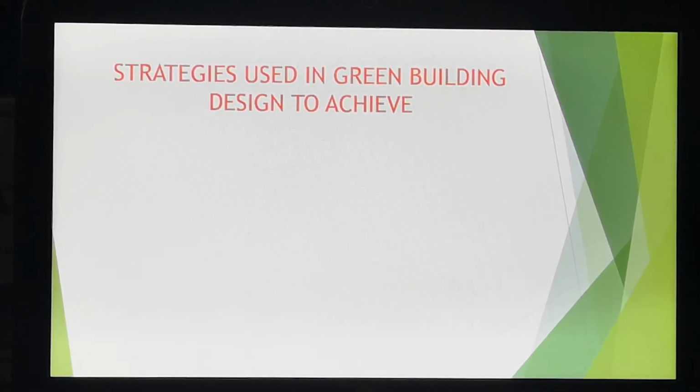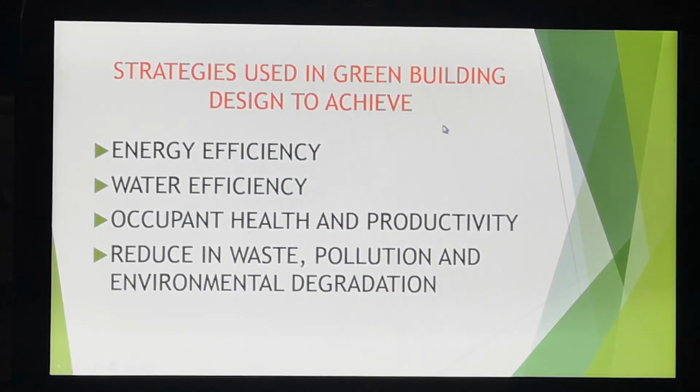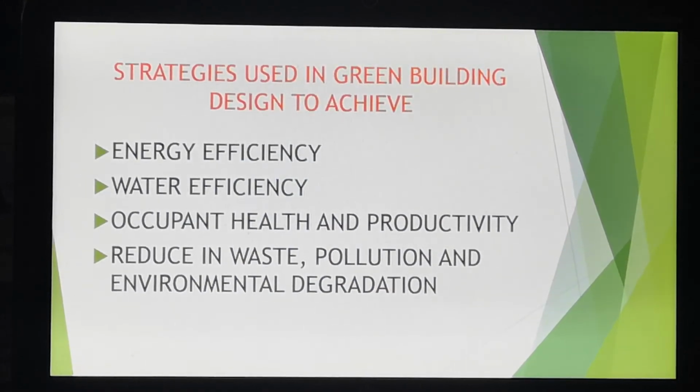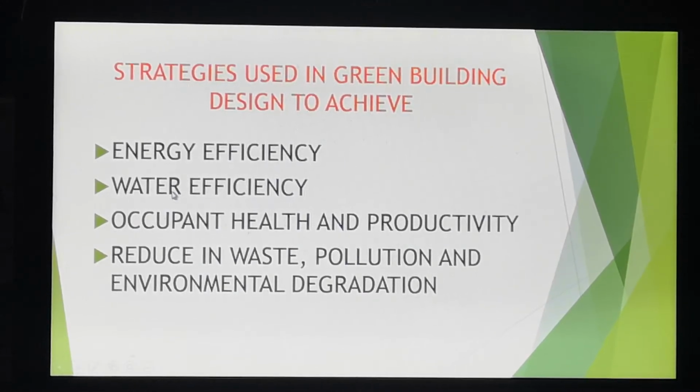I would like to explain more about the strategies used in green building design and how we want to achieve them, right? There are four criteria, and I will explain more. The first one is energy efficiency. Second is water efficiency.